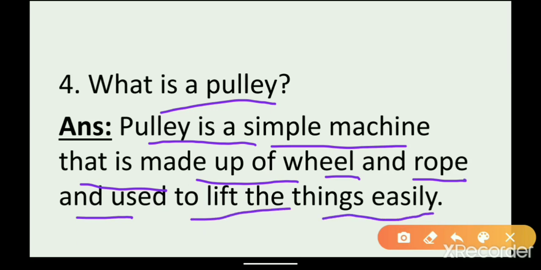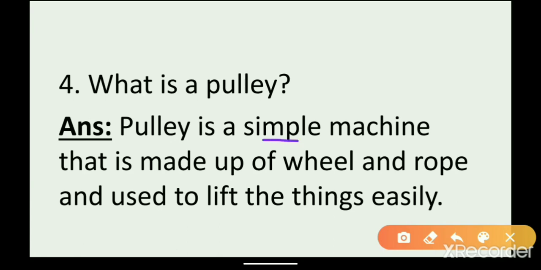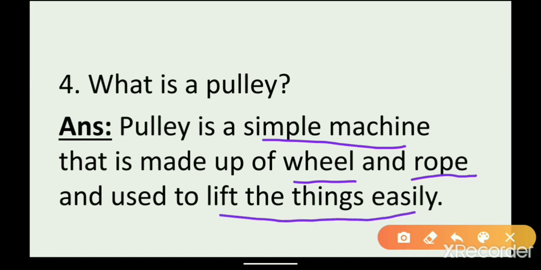For example, when you see the well in villages, what do people do? With the help of a pulley, they throw a bucket in the water and after the bucket gets filled, they pull that bucket with the help of pulley.